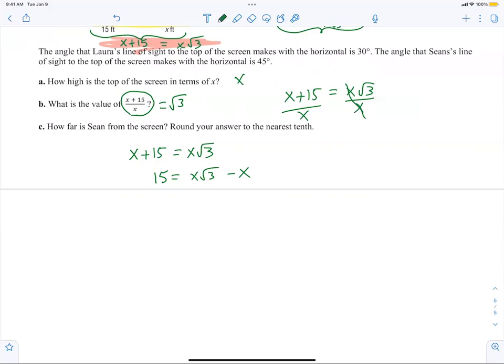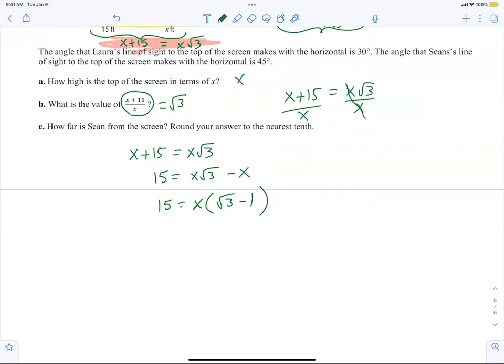Now that x's are on the same side, you have too many x's. You only want one x. So you have to factor out an x. So 15 equals x parentheses square root 3 minus 1. I just factored out an x.